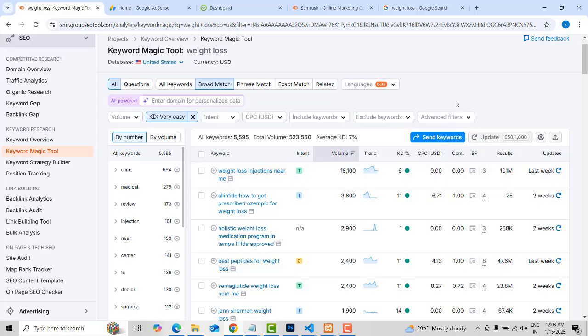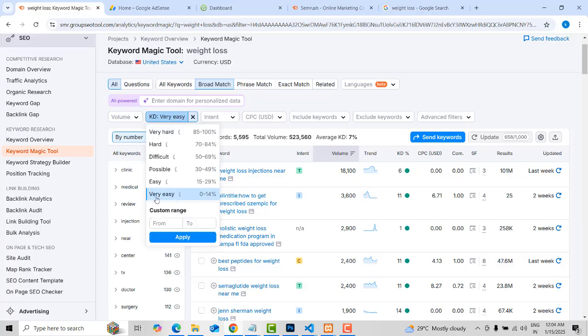If you are a new blogger, with a blog that is 1 or 2 months old, you don't take the hard ones. You have to set the KD, which stands for keyword difficulty, as easy, between 0 to 14%.